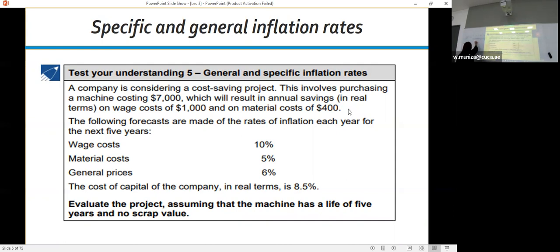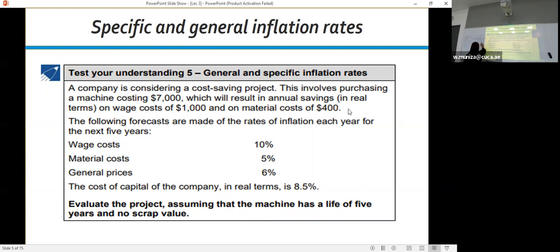Then 1210. Then 1320, sorry, there's a mistake.